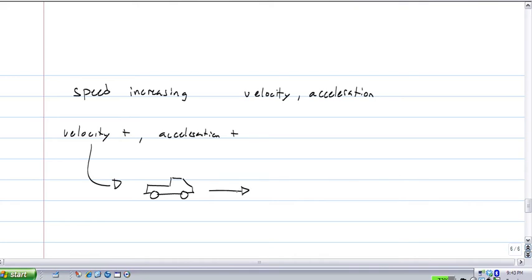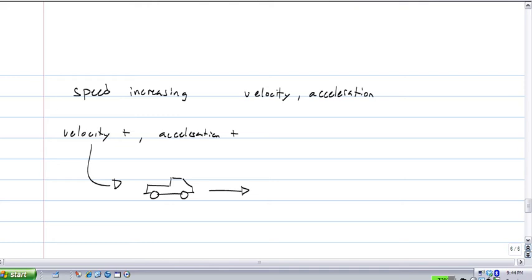Just because the car's going forward, does that mean your speed is increasing? Well, you're going to say no. There's plenty of times when I'm in my car, truck, or smart car, whatever, where you're moving forward, but your speed is not increasing. So just because velocity is positive doesn't mean your speed is increasing.